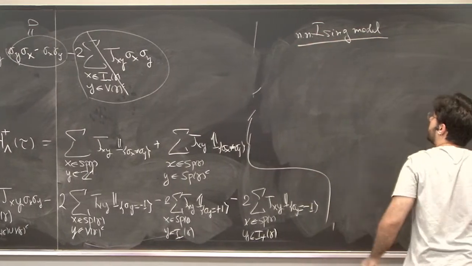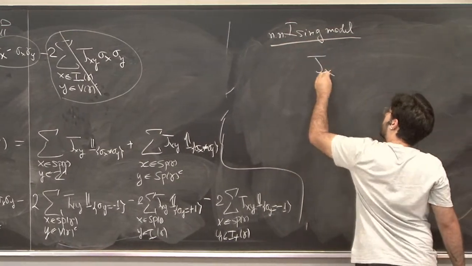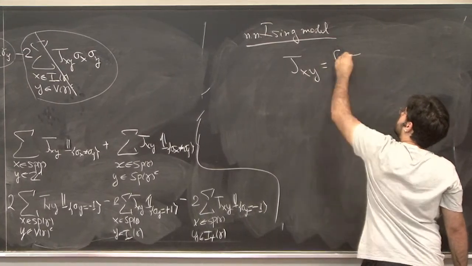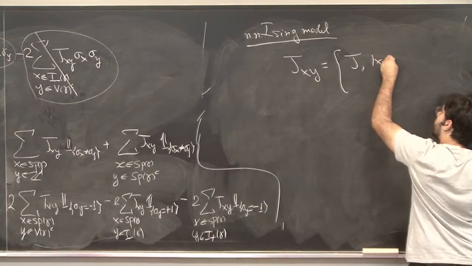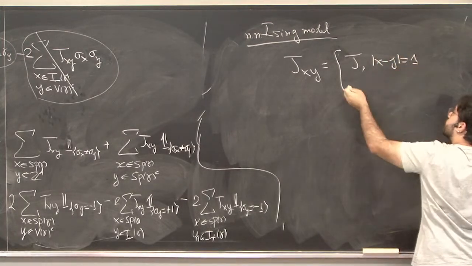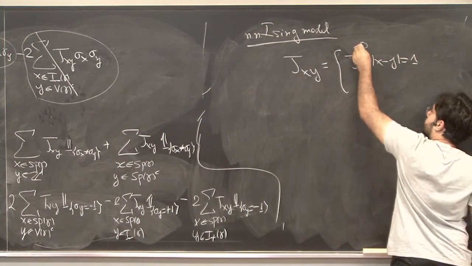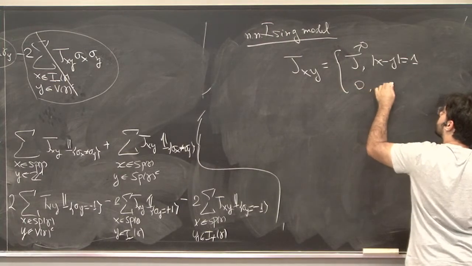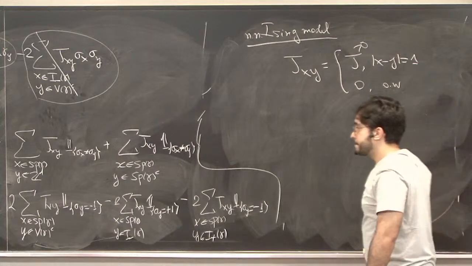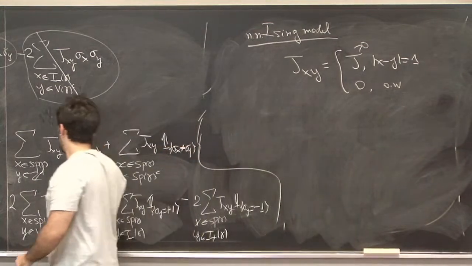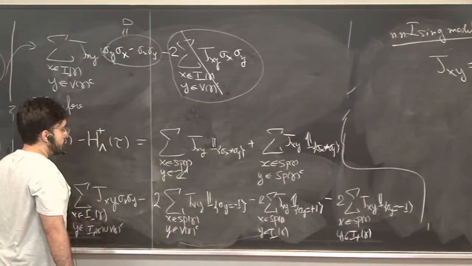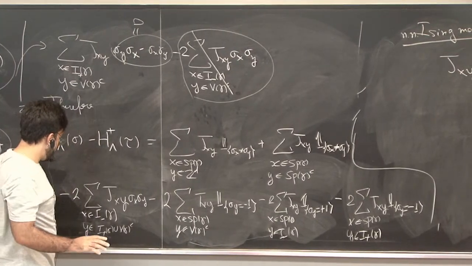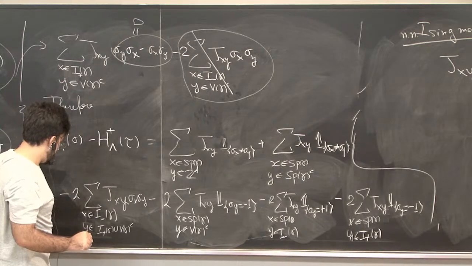So for the nearest neighbor Ising model, what is it? J_xy equals J if |x minus y| is 1, where J is a positive real number, and 0 otherwise. So what happens in this case?